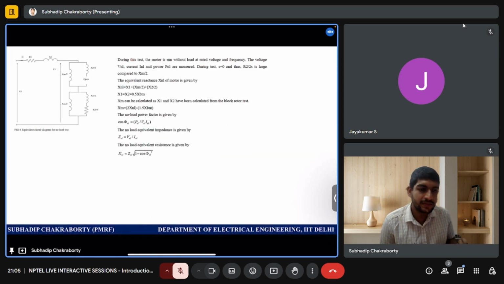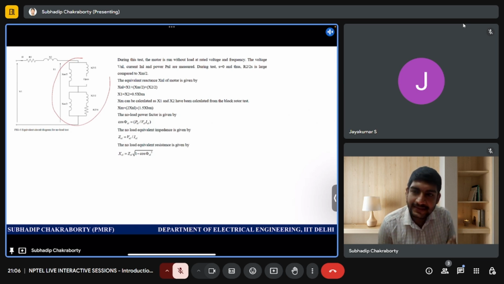So the series test and shunt test I can do with block rotor and no load test. But the no load test you can do for only one coil. You can de-energize one of the coils and then do the no load test. You either energize the main or the auxiliary. Don't energize both together. You can also energize both together, but then you have to consider both.